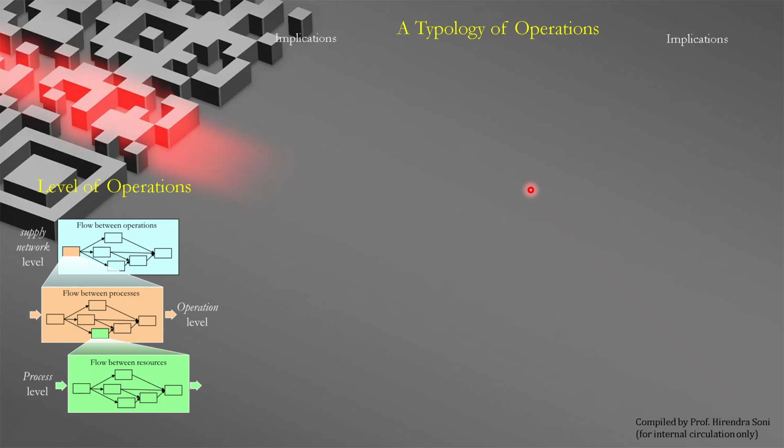Operations can be seen at three different levels. One, a supply network level. Second, when you take up an operation within the supply network, that's at an operations level. When we drill down further within the process, that's a process level.